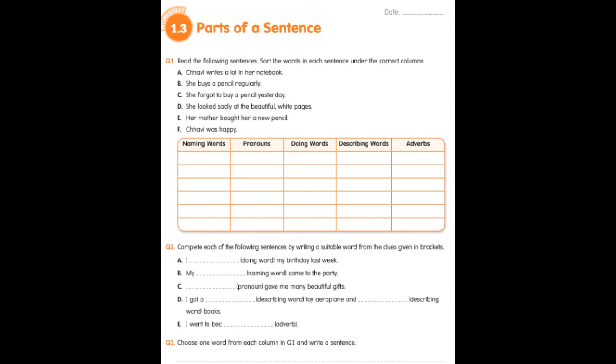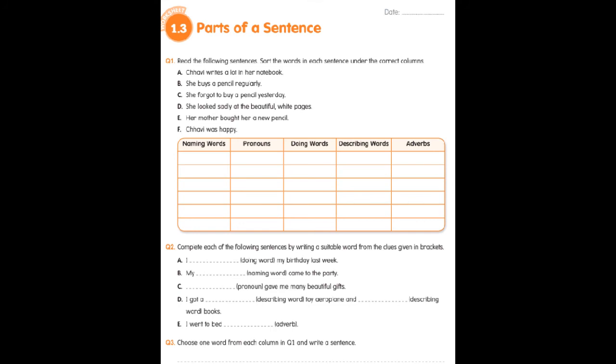We should include different types of words or parts of speech. For this purpose, you can take the help of the previous colors I told you to write down. Noun, pronoun, adverb, whatever was described there, you copy it down. So for making new sentences, you can have this reference.